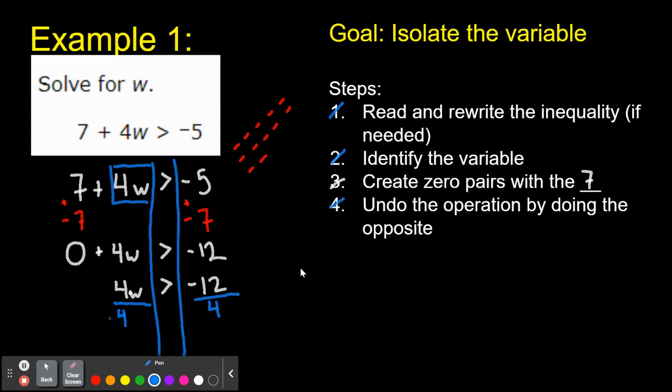The reason is that it creates a 1w, since 4 divided by 4 is 1. W is greater than, and a negative divided by a positive is a negative, and 12 divided by 4 is -3. So our solution set is w is greater than -3.